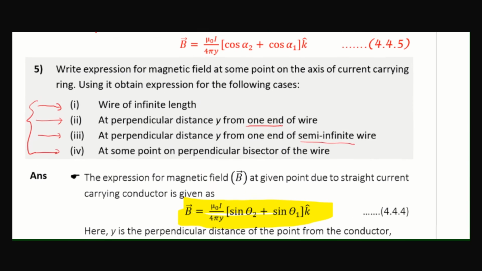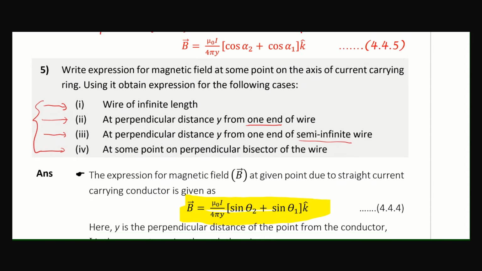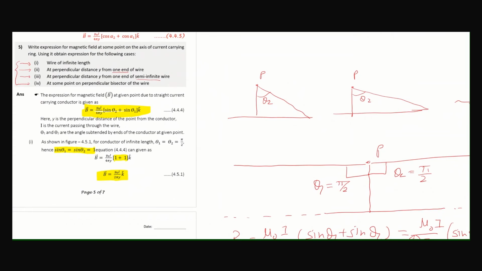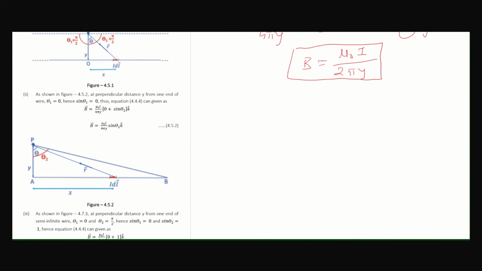What is the next one? The point at perpendicular distance y from one end of the wire. What does it mean? Consider that point P is here.